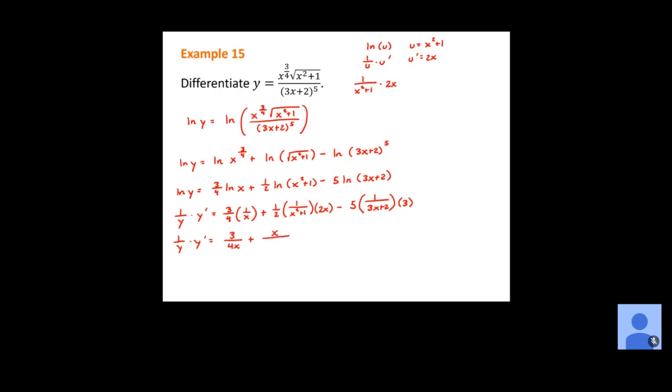So we have x over x squared plus 1 minus, and then here 5 times 3 is 15, so we get a 15 over 3x plus 2. Now I'm trying to solve for y prime. So what would I need to do at this point so that we have just y prime?